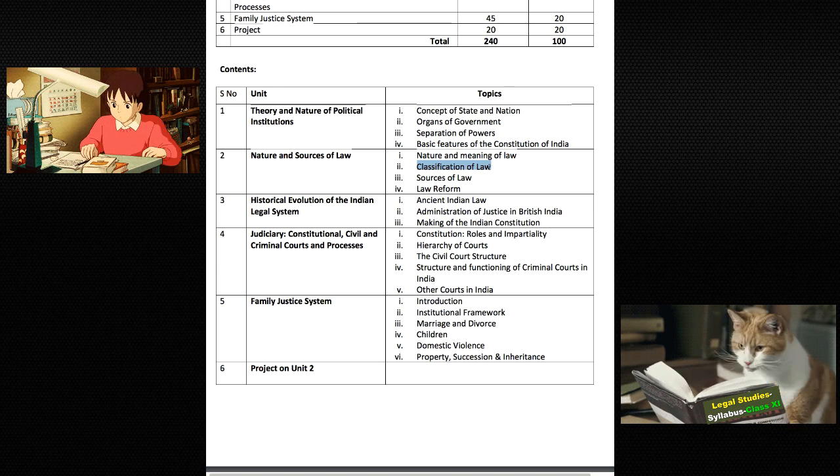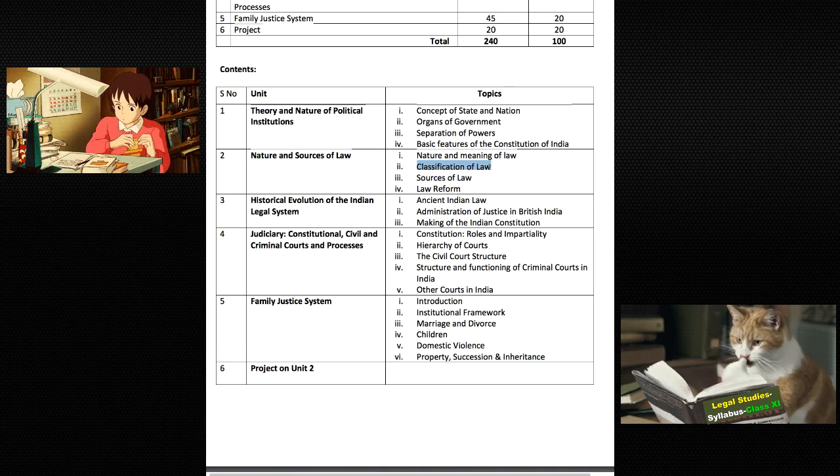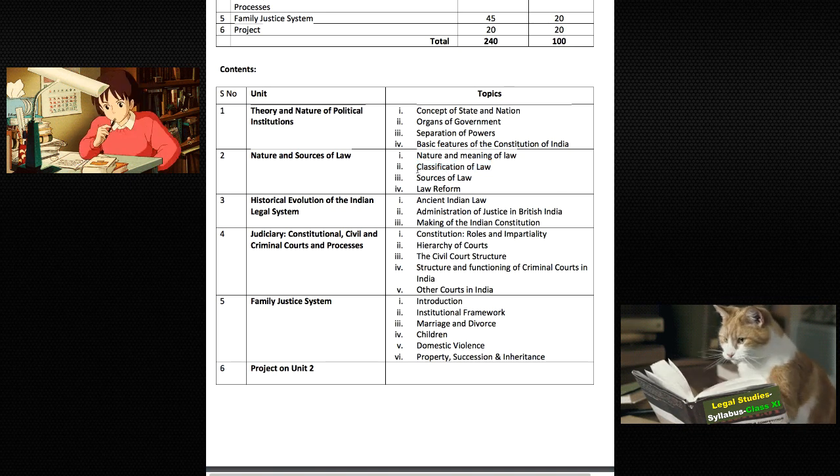Basically, there are different types of law categorized on different bases. As you can see broadly, there is international law and municipal law. International law is applicable all across the world. The mandates and provisions made by the United Nations, as you know, come under the heading of international law. On the other hand, municipal law is basically domestic law.